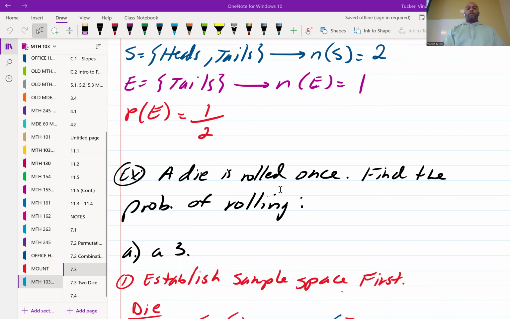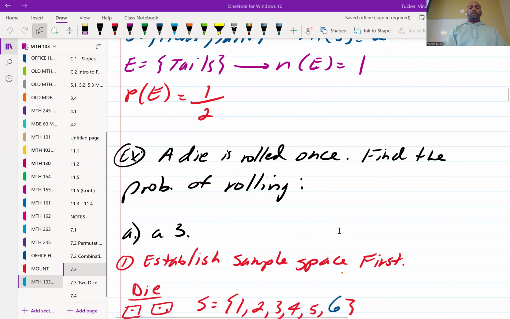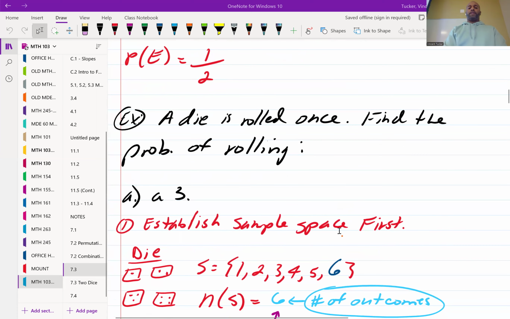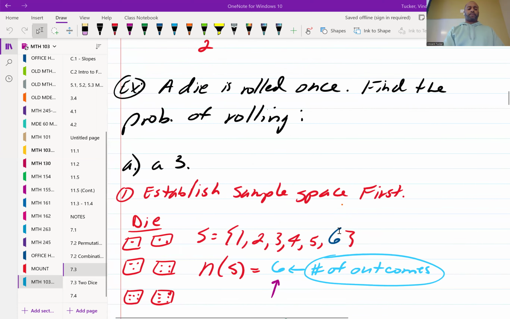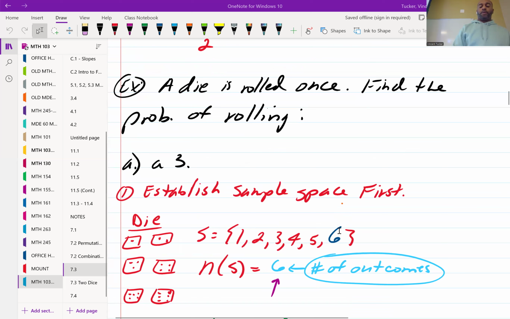All right, so here are a couple steps on how we're going to do this. First thing we want to do is establish the sample space. It's always the easiest way to attack probability problems.